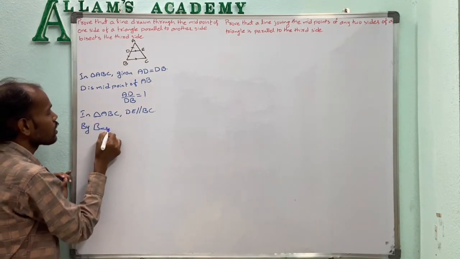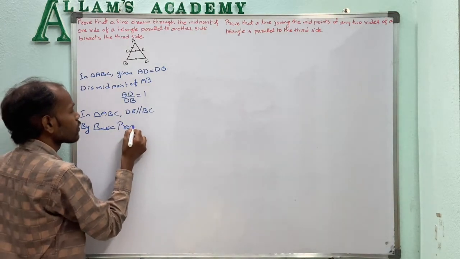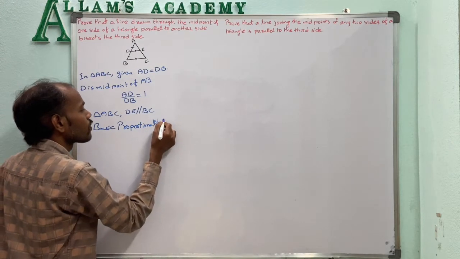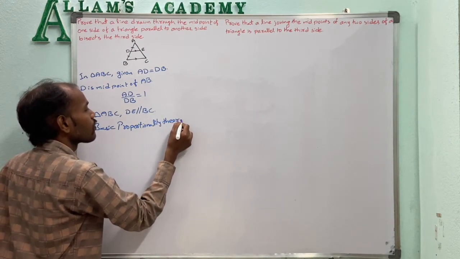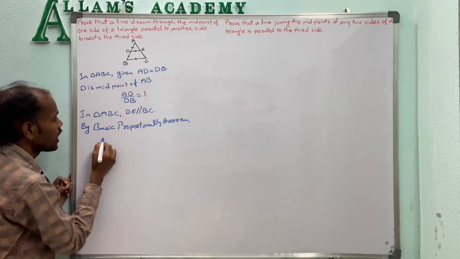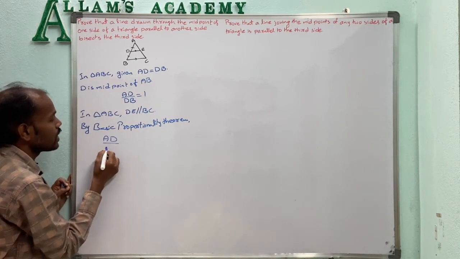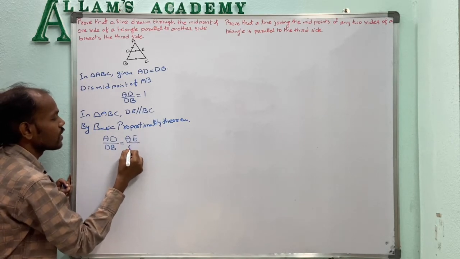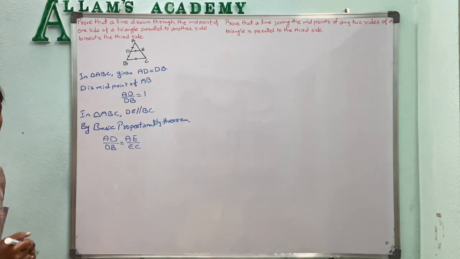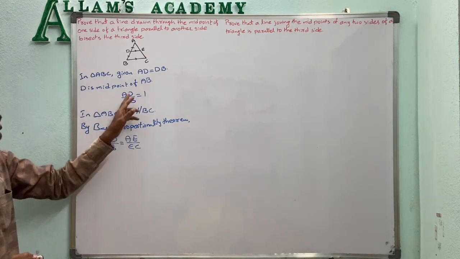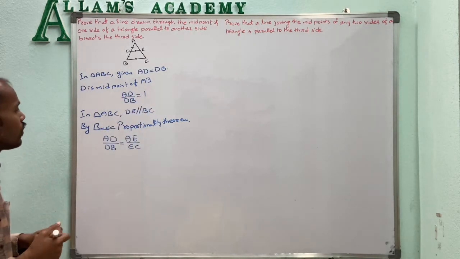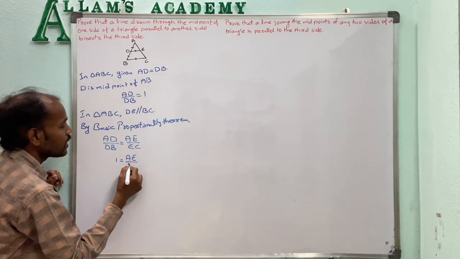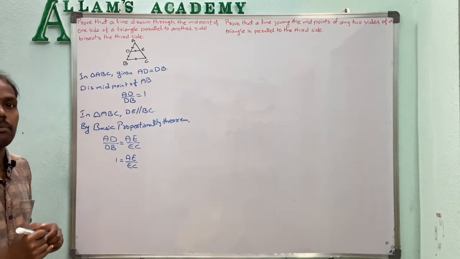So by the basic proportionality theorem, we can write AD by DB equal to AE by EC. Now we know that AD by DB equal to 1. So 1 equal to AE by EC.